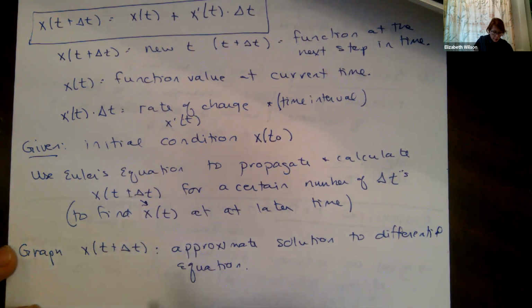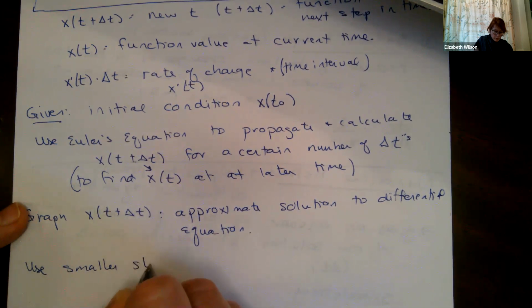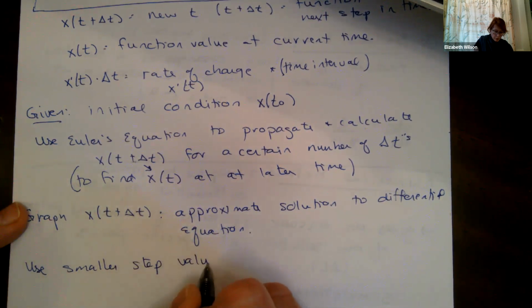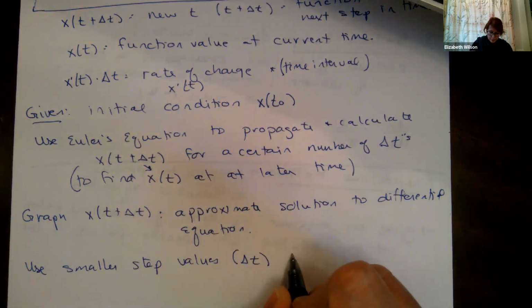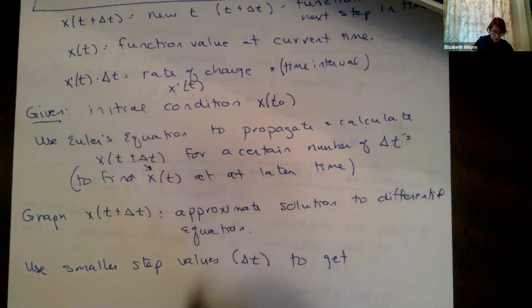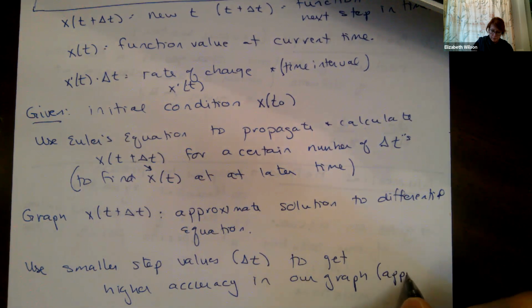If I use smaller step values, that's our delta t, then I can get higher accuracy in our graph, which is our approximation.